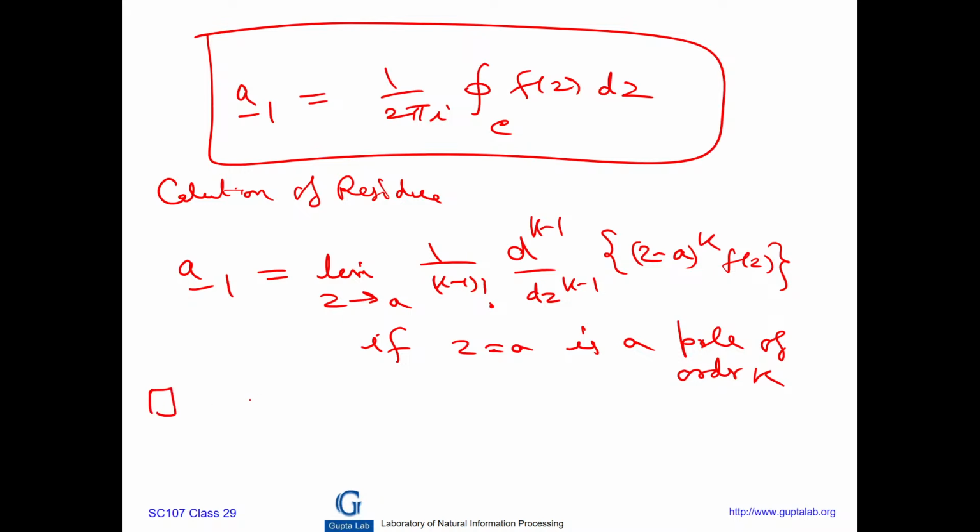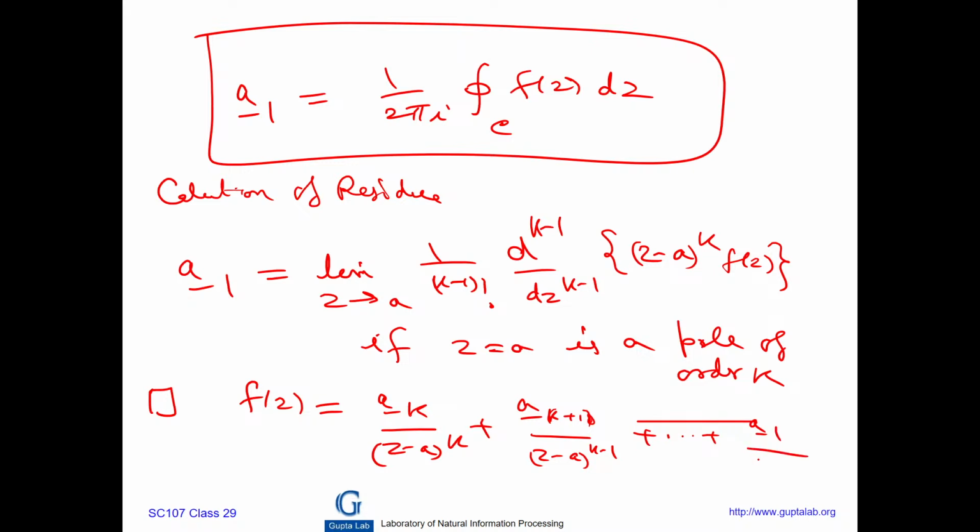So what we can do here, since f of z will be something like this: a minus k divided by z minus a whole raised to power k, plus a minus k plus 1 divided by z minus a whole raised to power k minus 1, okay, plus dot dot dot, a minus 1 divided by z minus a, plus positive part.